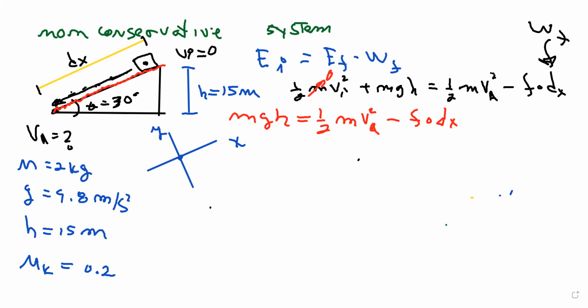And you have a friction force that goes this way. That's the friction right there. And then you have the normal force that goes this way. Let's change the color for the axis right here. There you go.